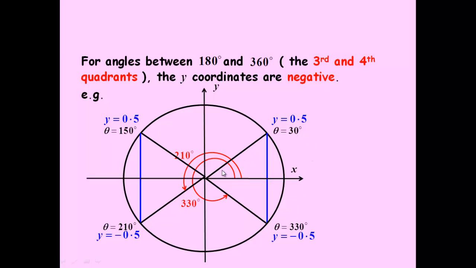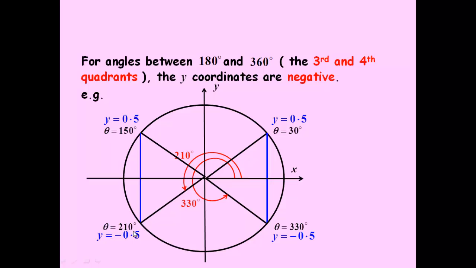30 degrees here. This is 30 degrees, which makes this 360 minus 30. It's the same length in the negative direction, so the value of sine 330 degrees is minus 0.5. We can extend a similar logic to the angle 210 degrees.